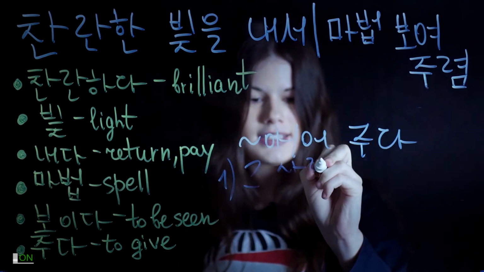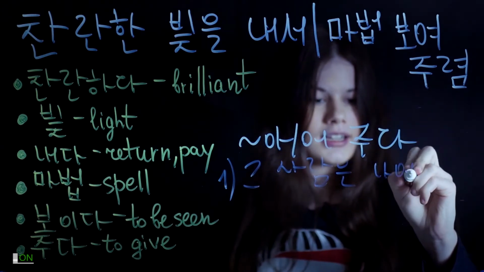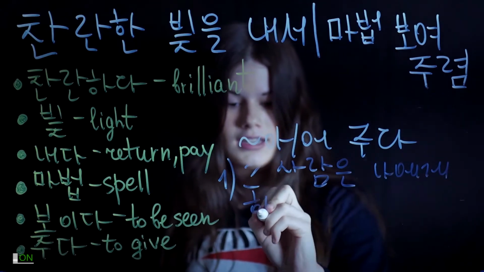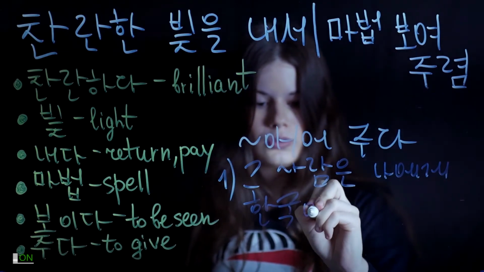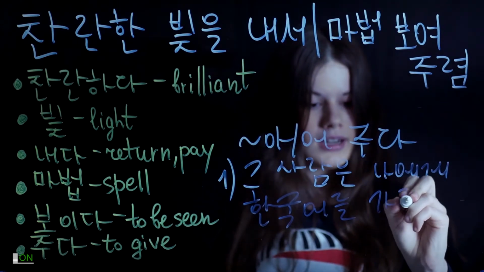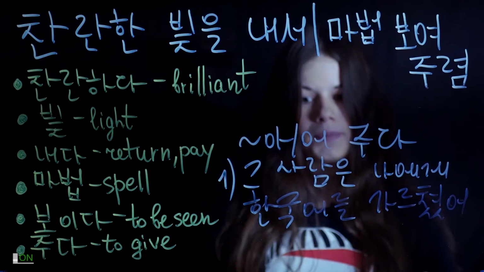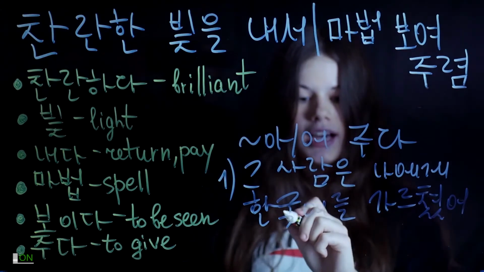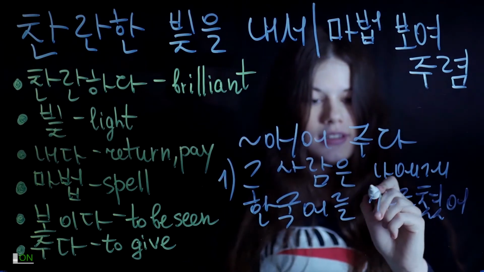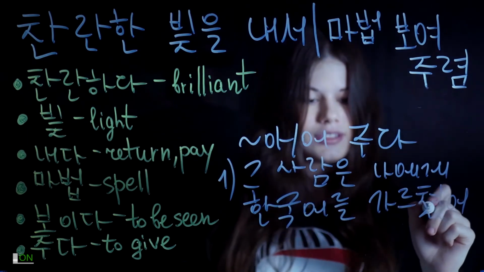So for example, let's take a simple sentence. 그 사람은 나에게 한국어를 가르쳤어. That person to me Korean taught.